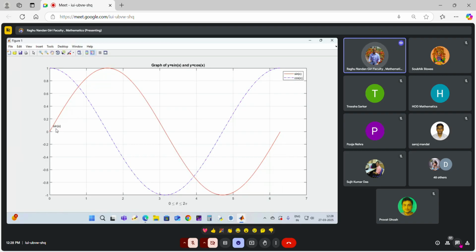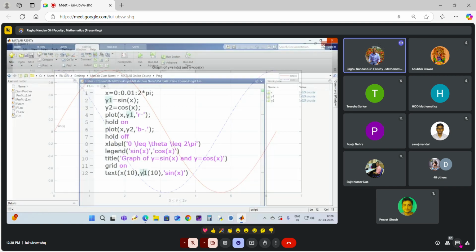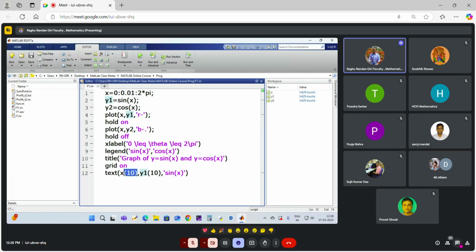If you want this at another point, suppose this is at pi by 2, then what we have to write: x is pi by 2.